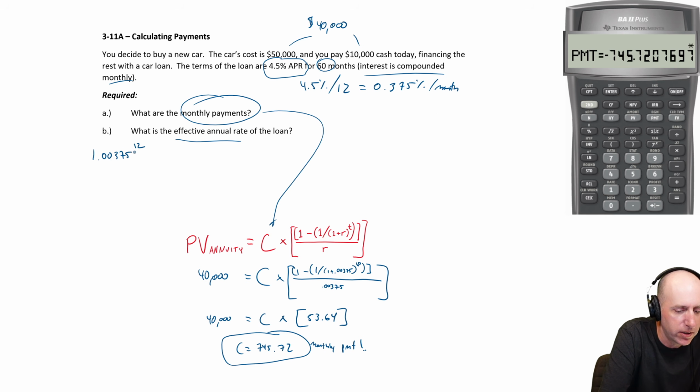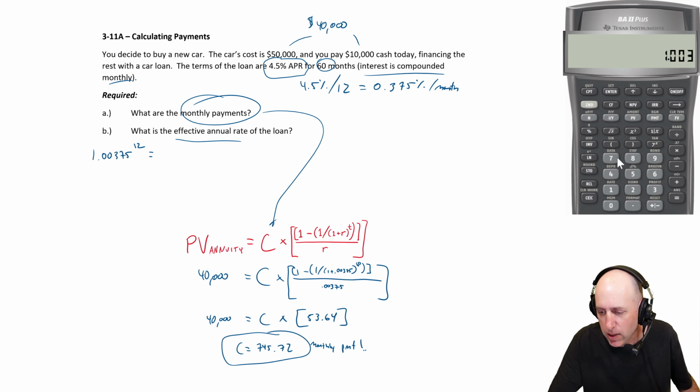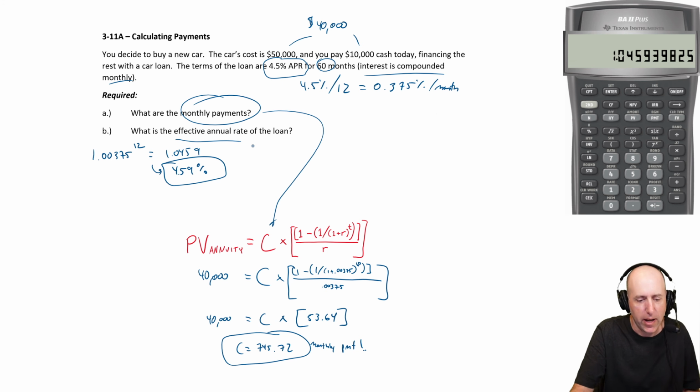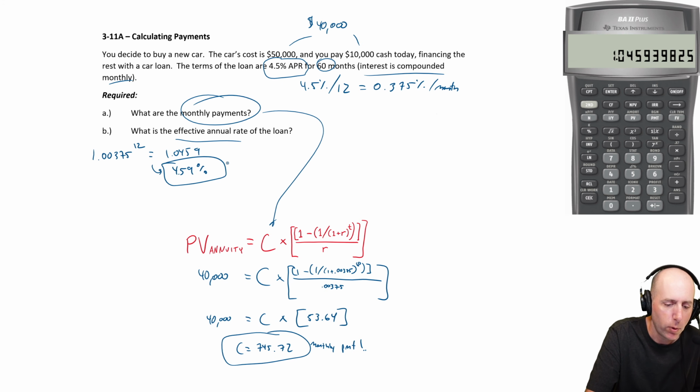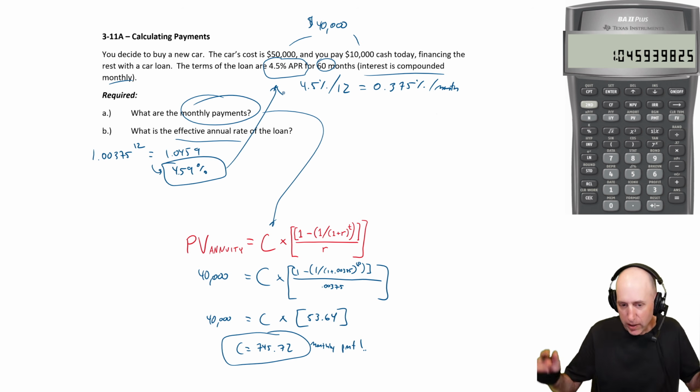So you compound it 12 times, you raise it to the power of 12. 1.00375 to the power of 12 is 1.0459, which converts to 4.59%. So as a finance person, we think 4.59% is a more accurate number to be quoting than 4.5%. But there we have it.